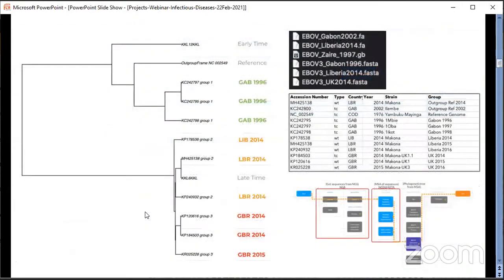We used multiple sequence alignment and phylogenetic analysis to determine the evolutionary relationship between these genomes. We have identified a group of samples and how they are related to their phenotype. The phenotype that we chose in this case is the geographical location, that is the country from where it originated, like Gabon, Liberia, or UK.